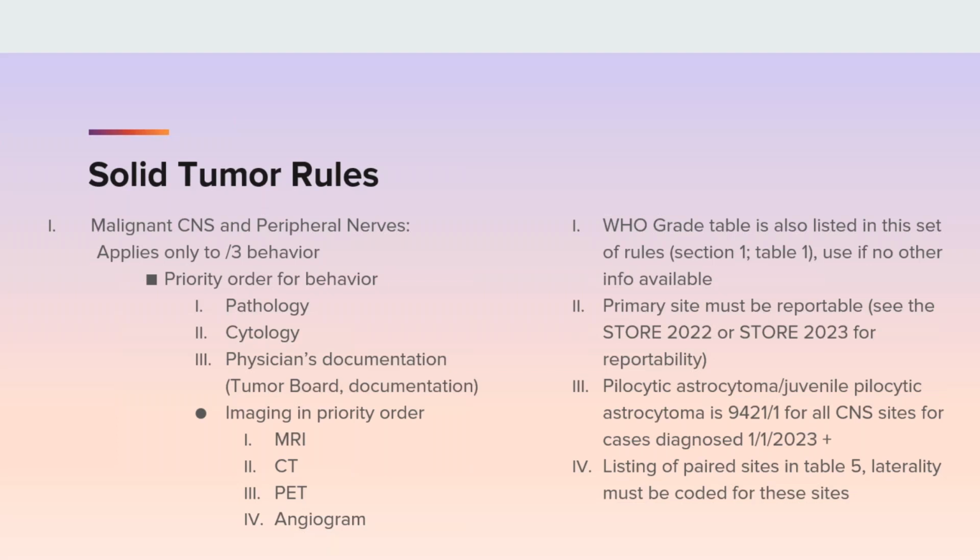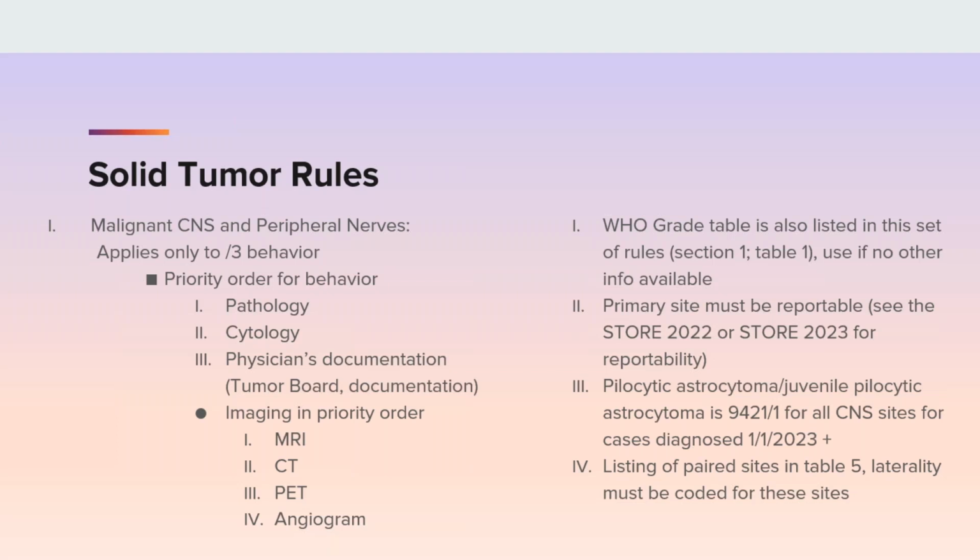We have the WHO grade table that's also listed in the set of rules. That is in Section 1, Table 1. And we use this if no other information is available. We have a primary site that must be reportable list. And then we have the pilocytic astrocytoma/juvenile pilocytic astrocytoma for 2023 and forward.